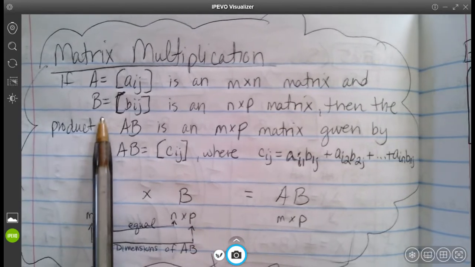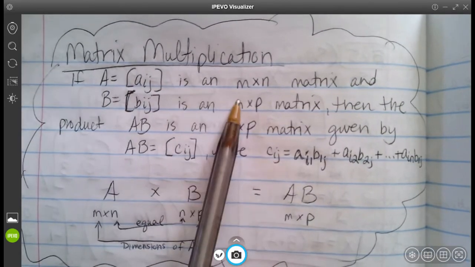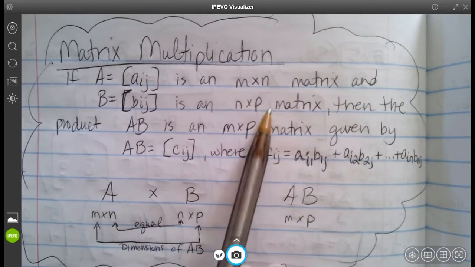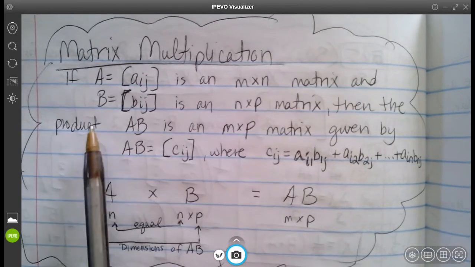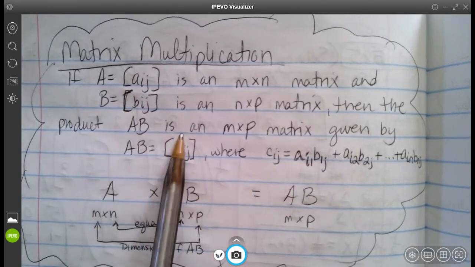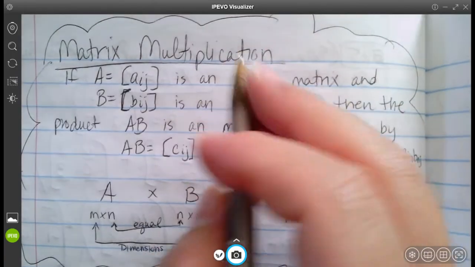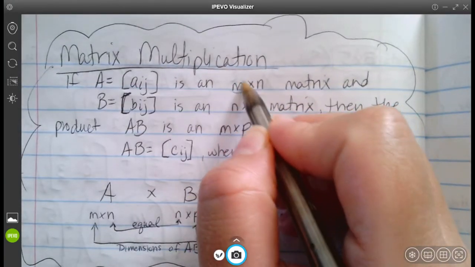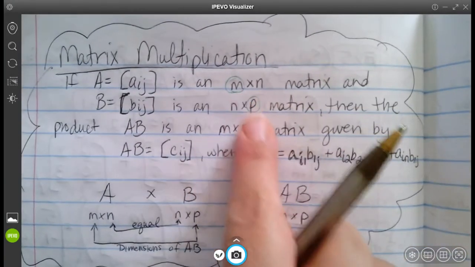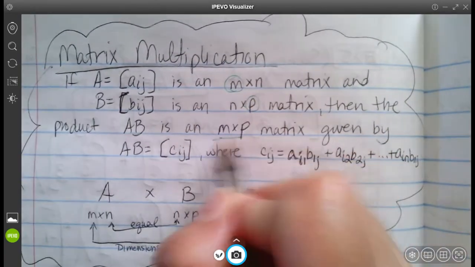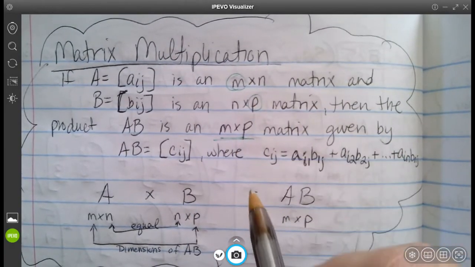Okay, so here is a little bit of background information before we start an example. If we have these two matrices, where A is an m by n matrix and B is an n by p matrix, then the product, if we multiply these two, is going to be m by p. In other words, we're kind of keeping the outer dimensions to give us our product.